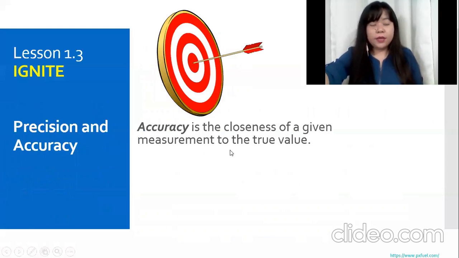Moving on, we have accuracy and precision. Starting off with accuracy, it is the closeness of a given measurement to the true value. In illustration, that would be like this arrow hitting its mark or hitting the bull's eye.